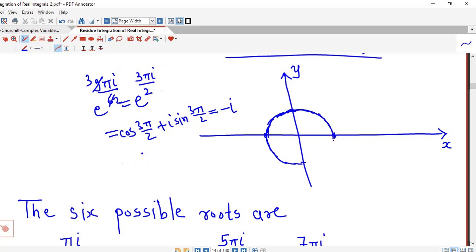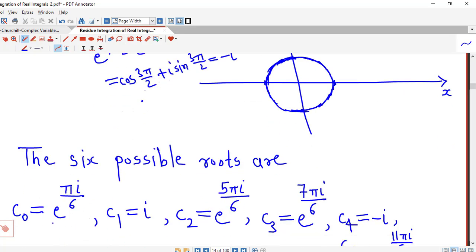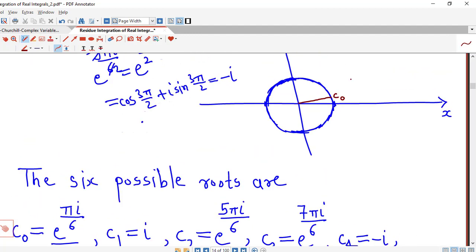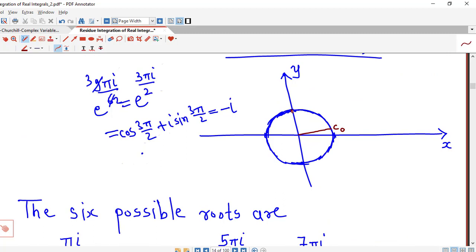You need not sketch this location of roots in examination. This is just for understanding. So for this e raised to pi i by 6 will be at angle 30 degree. Suppose this angle is 30 degree, then this is the location of C0. C1 is i, so we know that this is i. So this is the location of C1, which is equal to i.